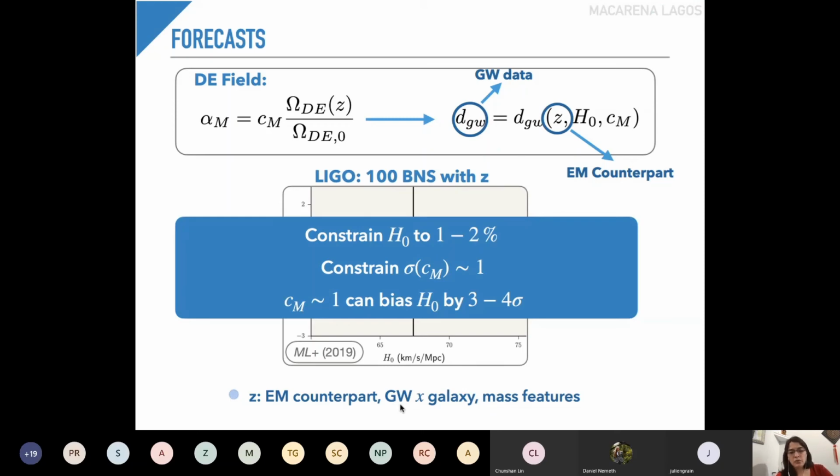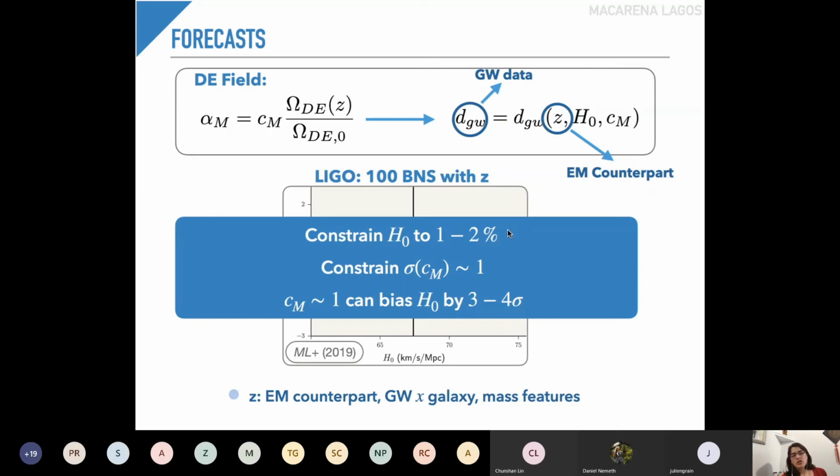And therefore you have a number of redshifts that could possibly be associated to one event. So then you can do a statistical analysis if you have many events, but in this case, because you don't know the redshift exactly, you will need more than 100 events to reach the same 1% constraint. Also, there are other effects, like the galaxy catalog may be incomplete, so that adds extra uncertainty.